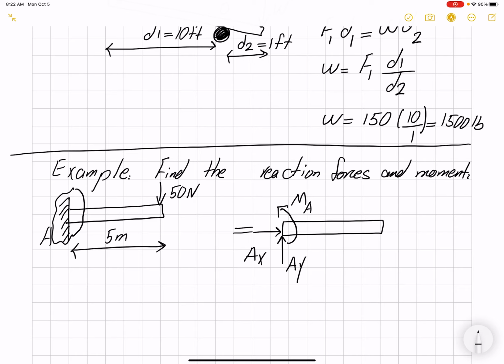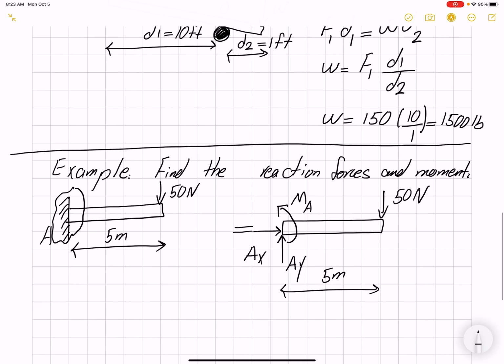In that video, we discuss why a cantilever beam has 3 reactions and a simply supported beam has 2. So 50 Newtons, and this distance is 5 meters. This is a complete free body diagram.